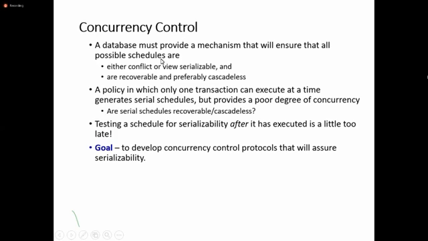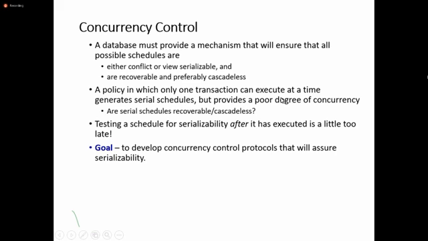I want to discuss concurrency control. The database must provide a mechanism that will ensure that all possible schedules are either conflict or view serializable, and are recoverable, or preferably cascadeless. Concurrency control means that at a specific time only one transaction can modify an item.